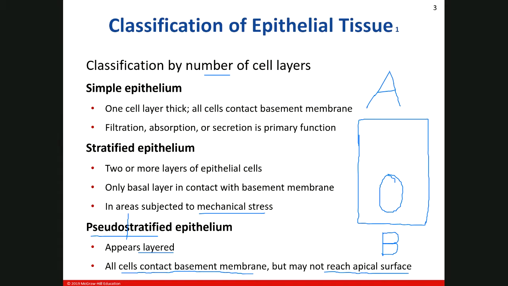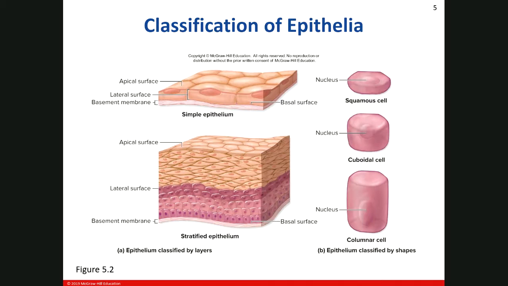So it looks to be layered, but all those cells are connected to the basement membrane, but they don't all travel to the apical surface. Now, in this picture here, you can see that you have this layer of cells down here. They're all connected to the basement membrane, but eventually all these cells will make it up to the apical surface.